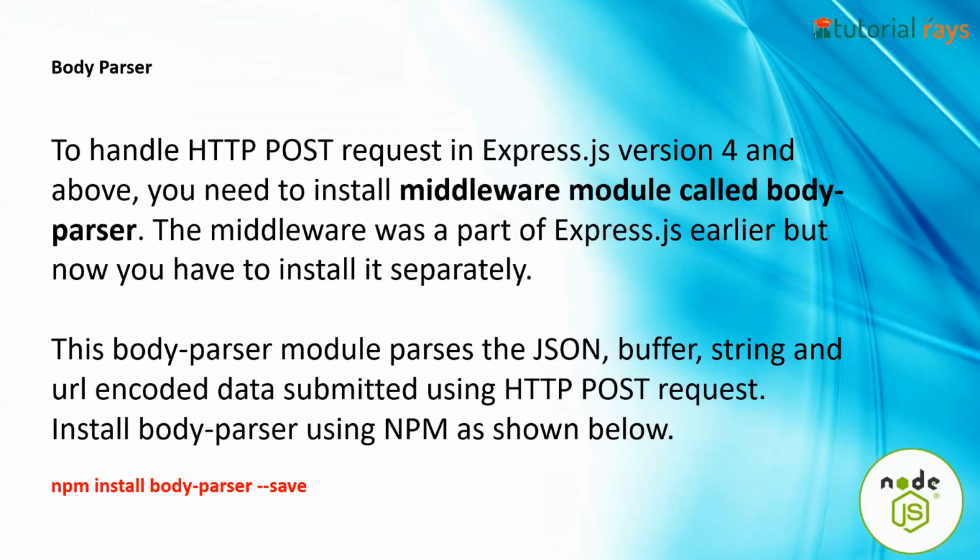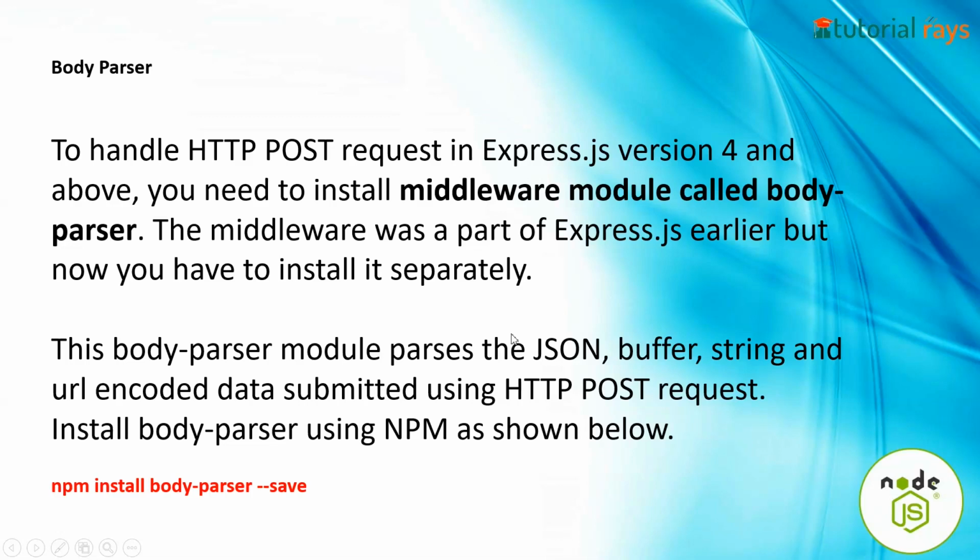So in Node.js, in Express, how do we send the data? To handle the HTTP post request in Express.js version 4 and above, you need to install a middleware module called body parser. We need to use body parser to send the data through form method. The middleware was a part of Express.js earlier, but now we have to install it separately.